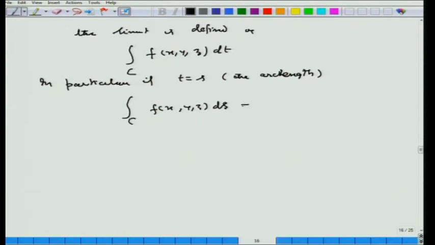We can see that this is equal to the integral of f(x(t), y(t), z(t)) times the square root of (dx/dt)² plus (dy/dt)² plus (dz/dt)² dt. So changing from arc length to any general variable, we have this relation here.